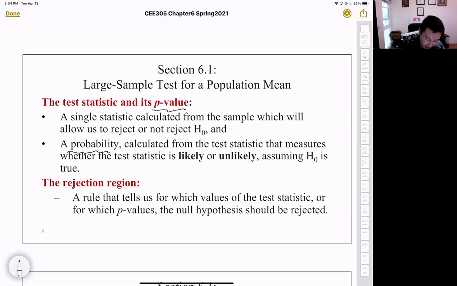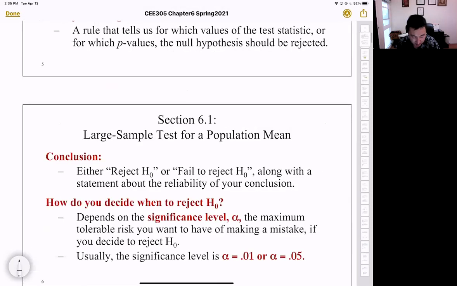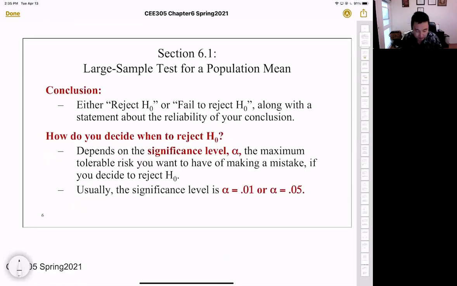Then we compare the p-value, the probability, with a certain value. We call that alpha. If the p-value is less than alpha, then we reject H0. We say H1 is true. That's basically the procedure for a hypothesis test. Later on, we'll show you an example.